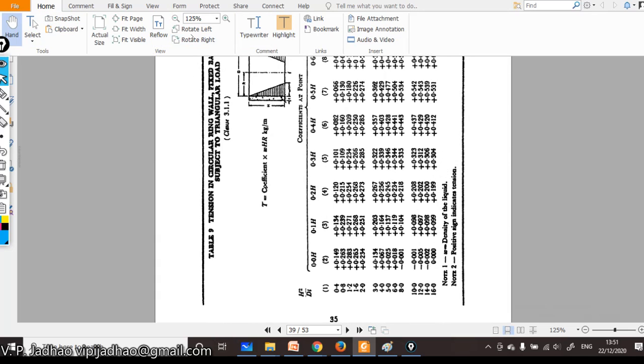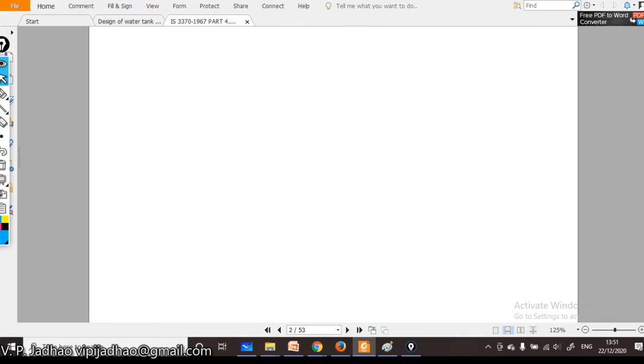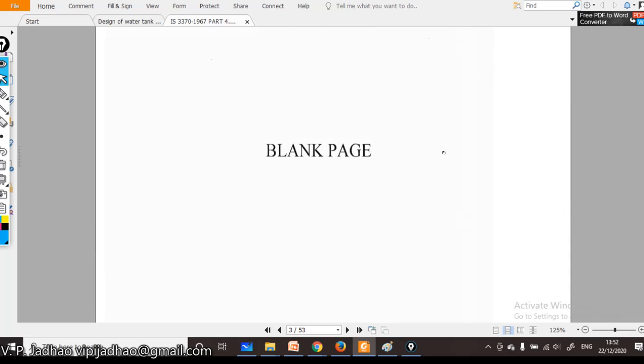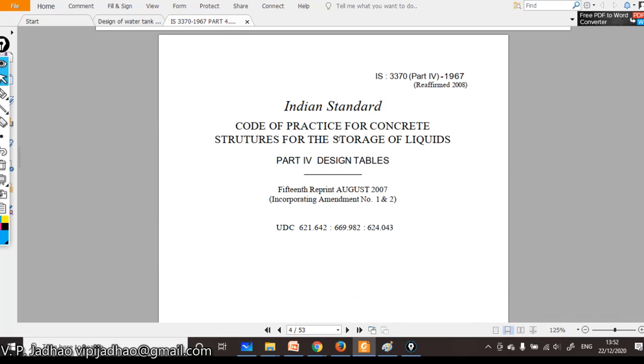The title of the IS code is Code of Practice for Concrete Structures for the storage of liquids, part 4, design tables. So as the title indicates, it gives some design tables for design of water retaining structures.